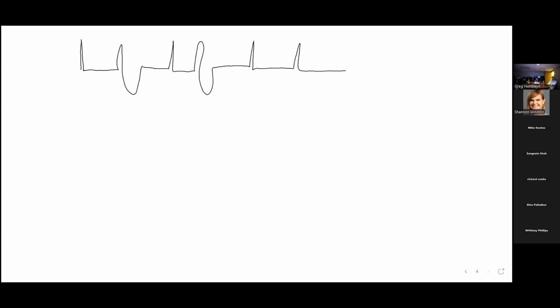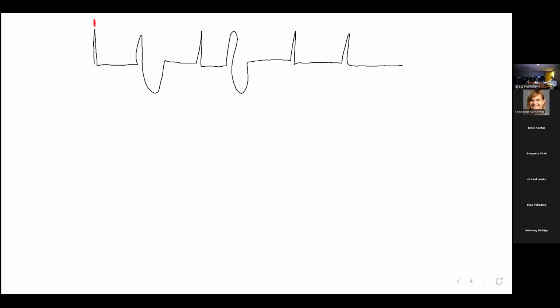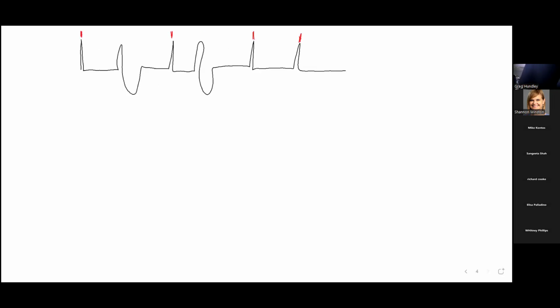Now, back in the old days, when we had many more knobs to adjust on these scanners, we could separate out this trigger from this trigger.